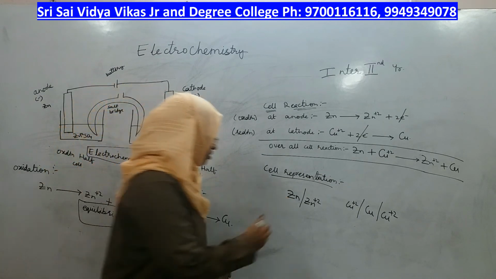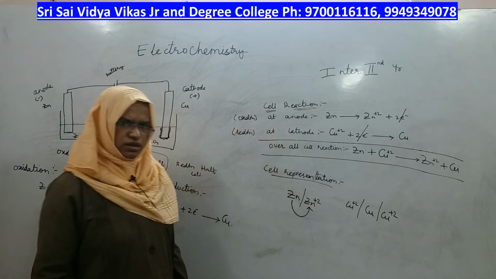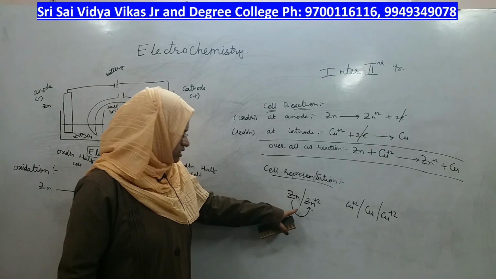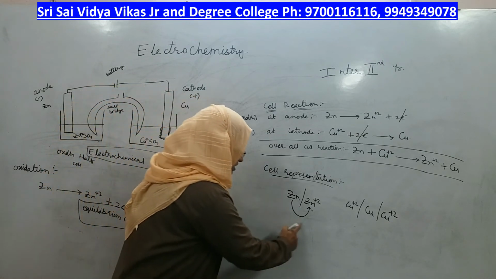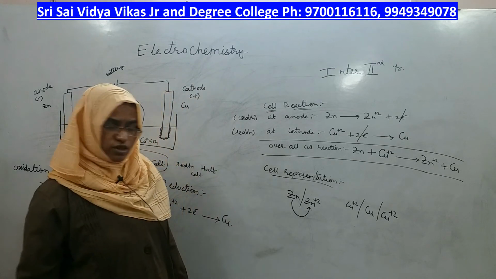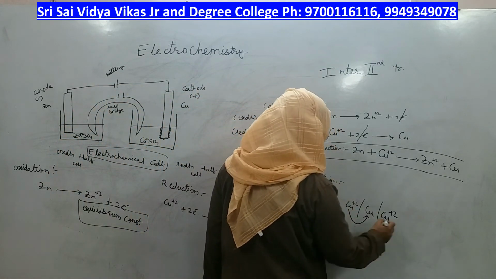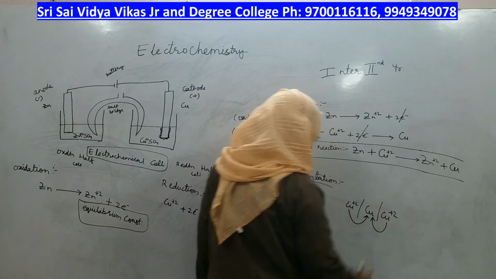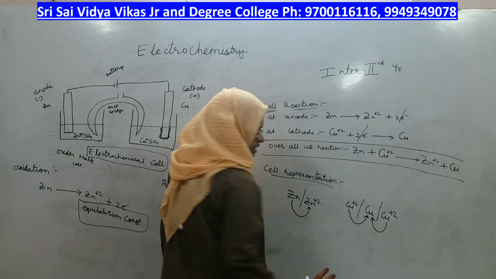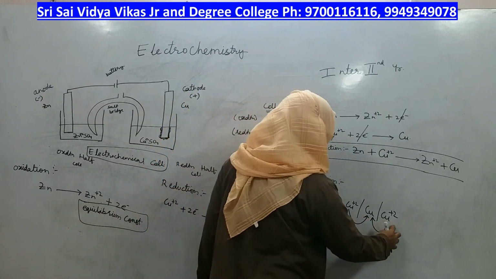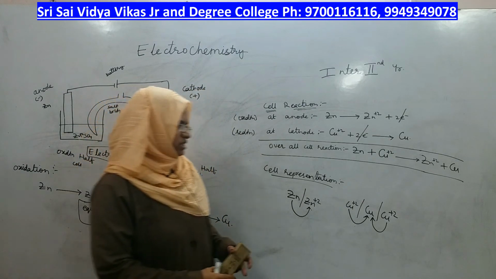Anode means oxidation, and oxidation is from this to this, right? From this to this is correct. So, for oxidation, if this is the correct arrow, for reduction what is the correct arrow? Reduction means gain of electron, so copper +2 into copper is the correct arrow, and the opposite is wrong.